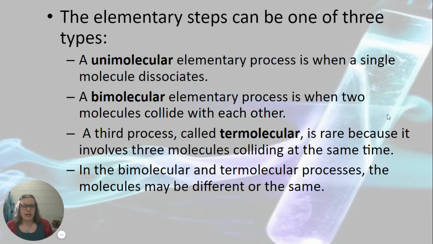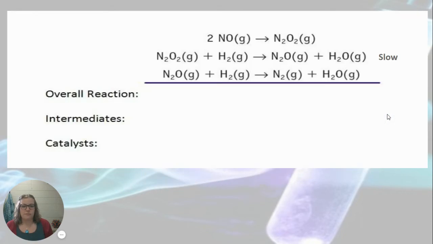So I think the best way to dig into this is to take a look at a mechanism. This is a proposed mechanism for a reaction. In this particular setup, there are three steps that they are saying happen. If you look at this first step, they are saying that two NO collide together.